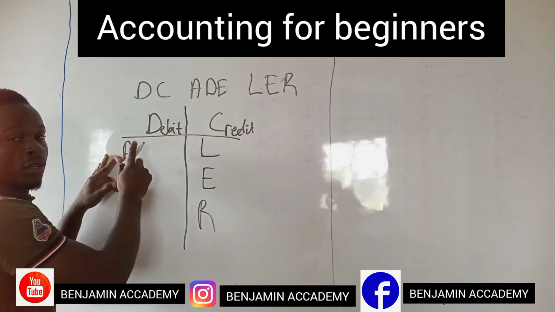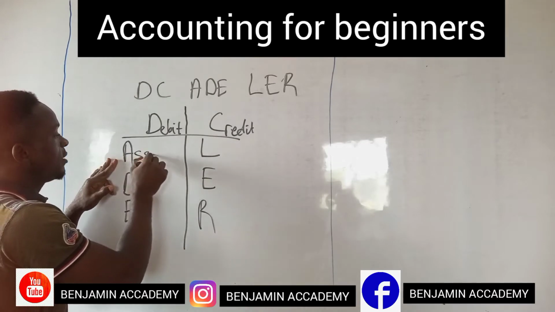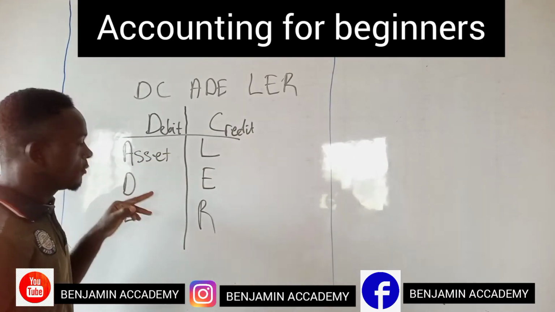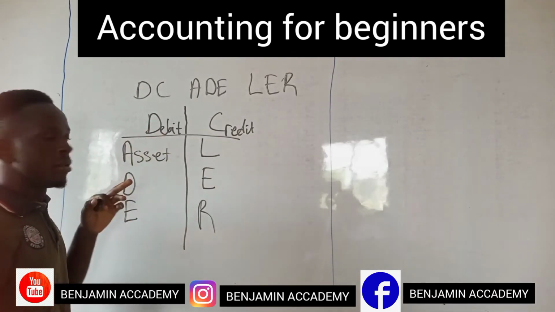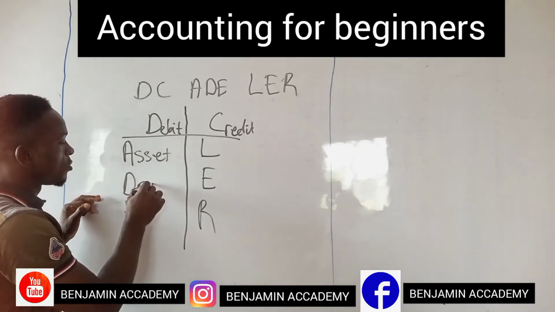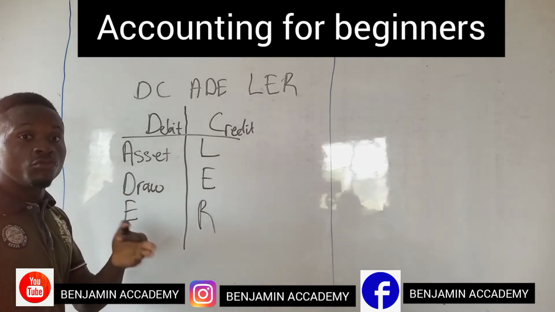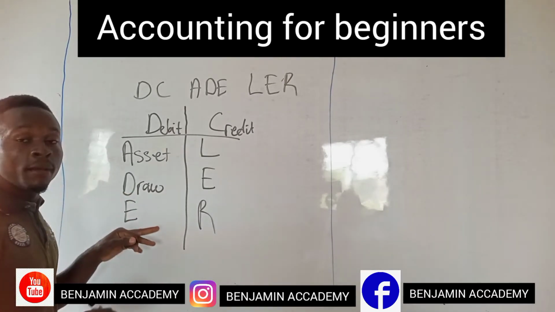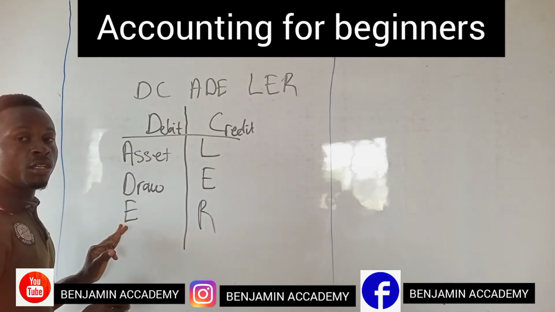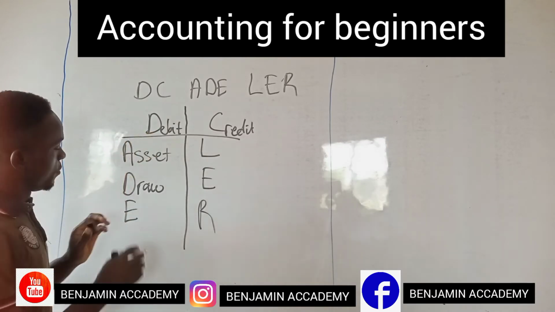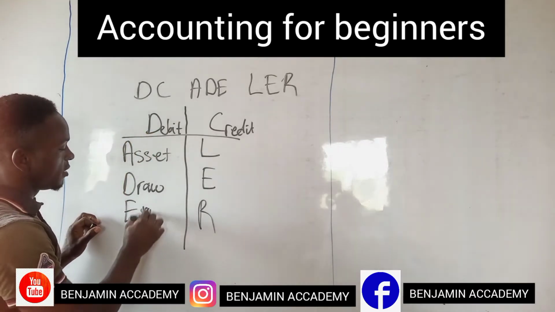A, under the debit, we have asset. D, under the debit, we have draw, and sometimes we can also call it distribution. E, under the debit, we have expense.